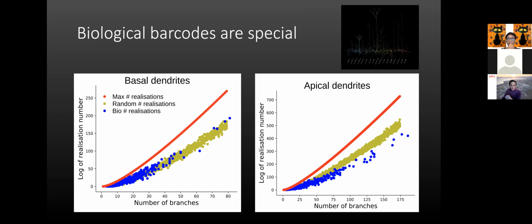And then we compared it to what you get by starting with either these basal dendrites, which are these root-like things here, or with apical dendrites, which are these more tree-like things here. I start with one of those, I look at its TMD, which gives me a barcode, and I ask what the tree realization number of that is. And what you see is the basal dendrites don't look very different from something chosen at random, but the apical dendrites are quite distinct from something chosen at random. So there's something special about these biological barcodes.